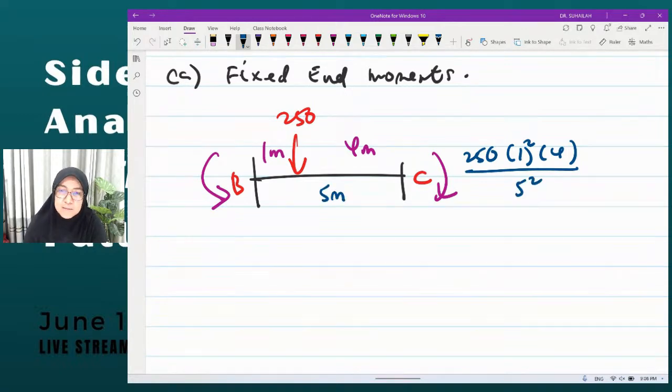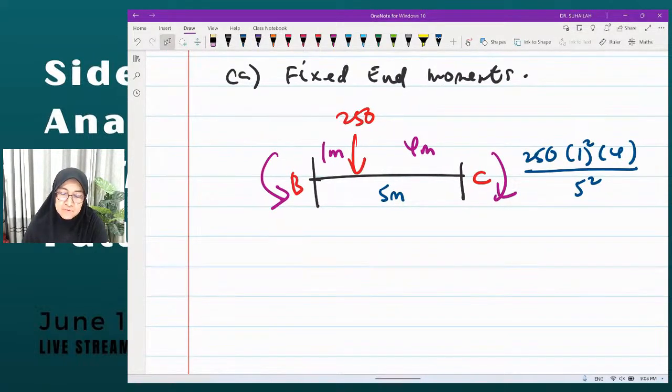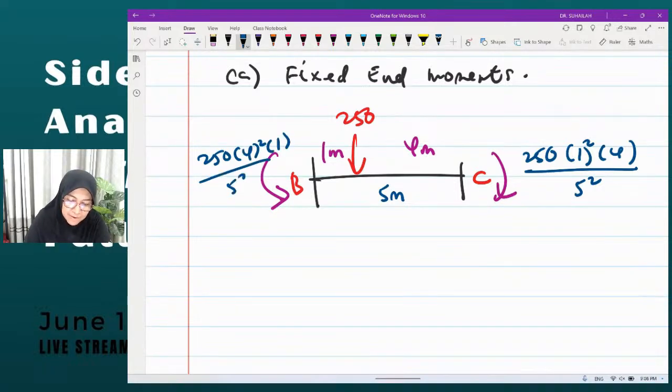This is the formula. To calculate FEM at B, it is 250 times 4 squared times 1 divided by 5 squared.